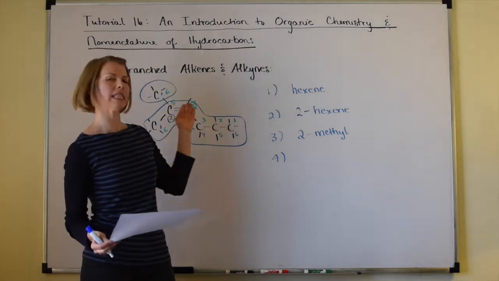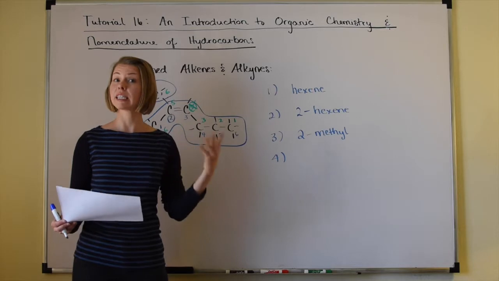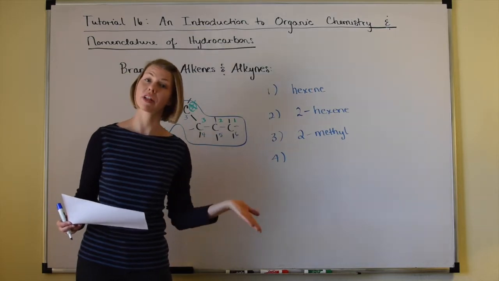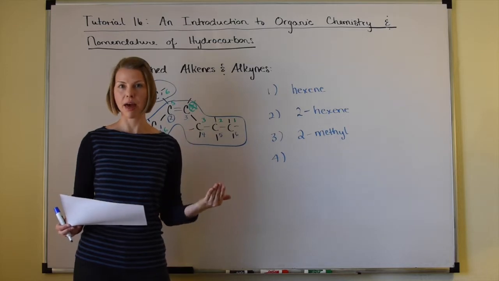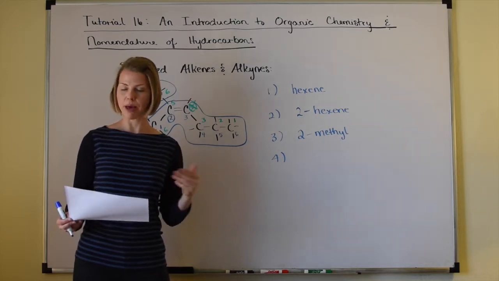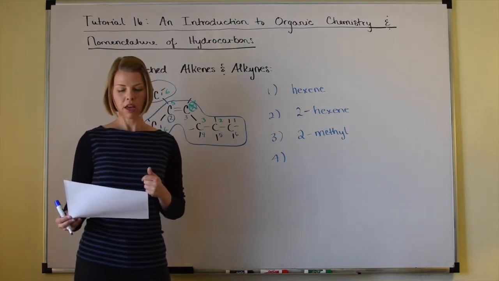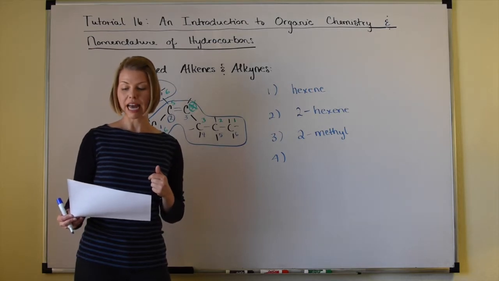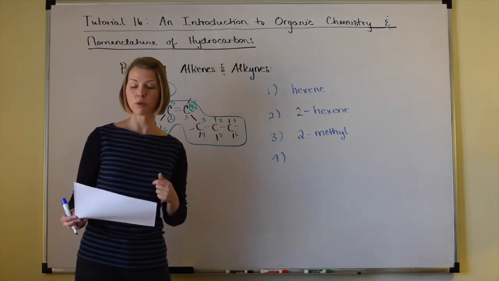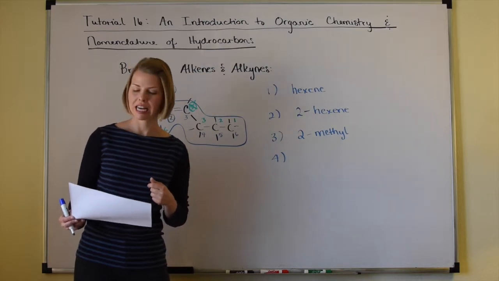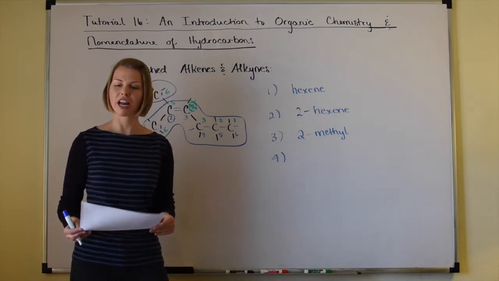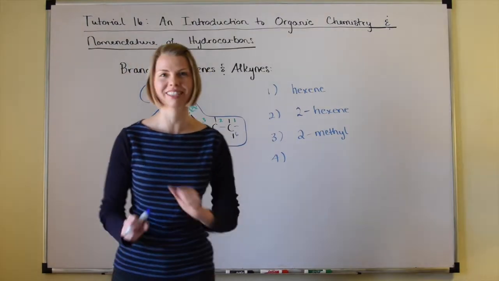We only have 1 in this example, but let's say that we see an example later where we have both a methyl and an ethyl. The ethyl would come before methyl in the name because it's alphabetically listed. Use di, tri, or tetra prefixes if there are multiple of the same branch groups. And if it is an alkene, determine if cis-trans isomers applies.